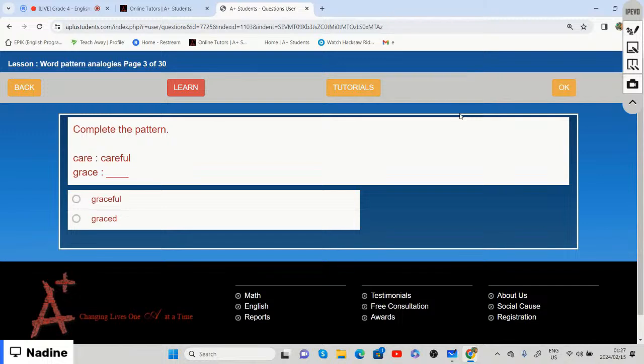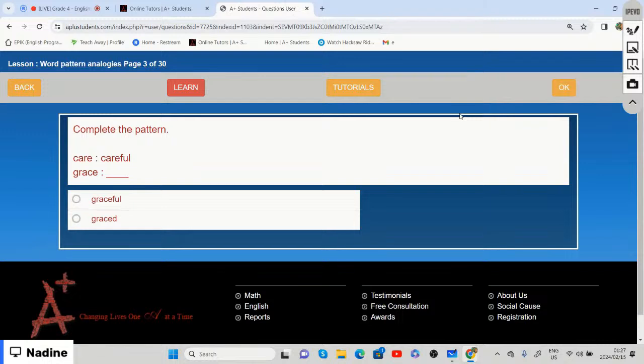So we have care and careful. Our suffix is full. And then we have grace. Do we say graceful or do we say graced? All right.